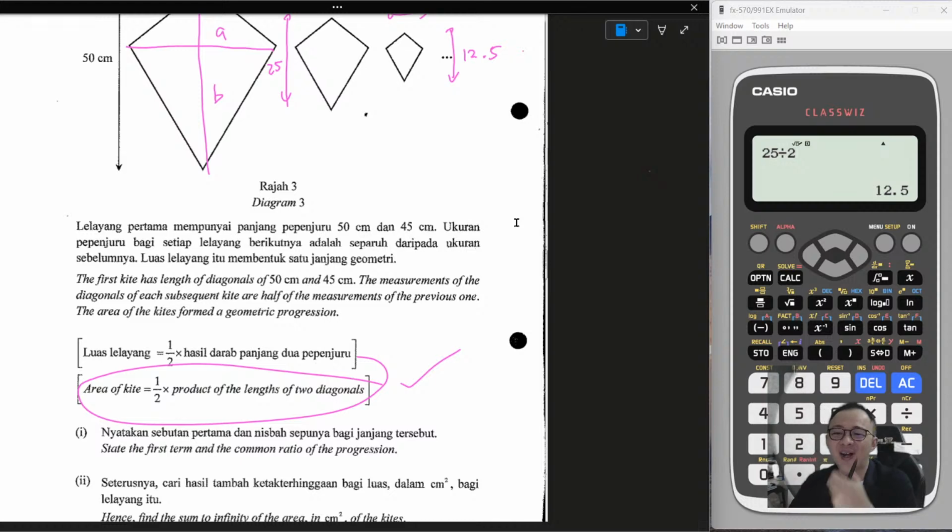This is why I always tell my students the real SPM is quite easy to get A minus, unless you are the type of student who never passed before, or never got any mark above 50, then it might be challenging for you. But if in your trial exam you can get about 50 to 55, most likely you maintain the performance, or you just do a bit of revision, you will definitely get A minus already.